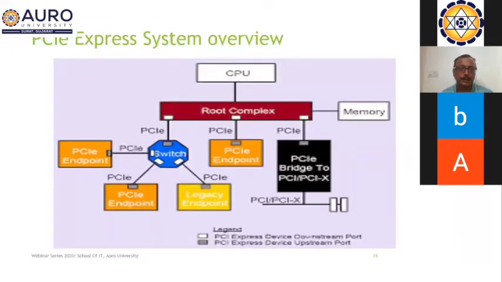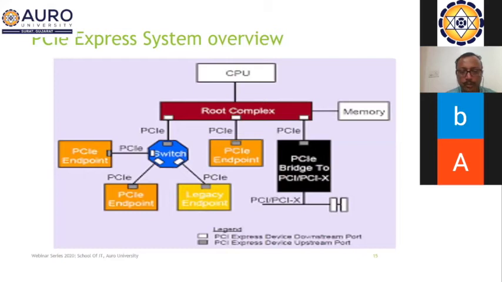So this is a PCI Express System overview. You can open any desktop. Nowadays you will find x86 servers with this kind of architecture, where you have a root complex to which the CPU and the DDR are connected, and there is a PCI endpoint.